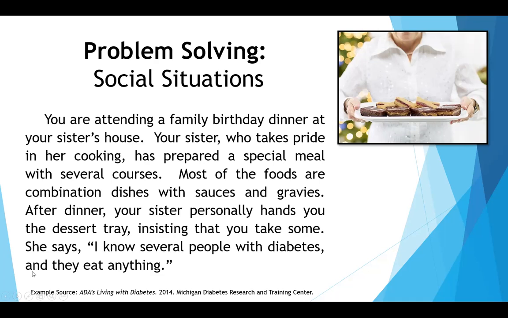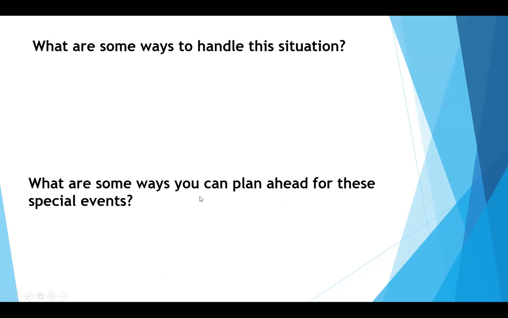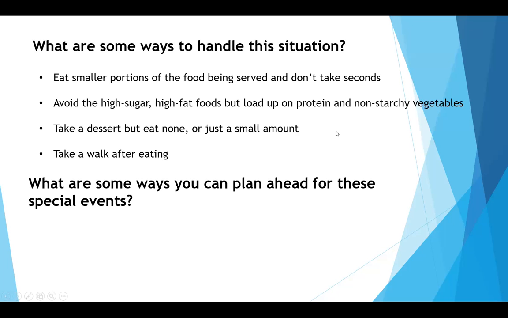All right. So, saying you're stuffed and taking a doggy bag home with you, that's a great idea. Some other things to consider here: not taking seconds, limiting maybe the more obvious high sugar, high fat foods, maybe taking that dessert. All right. So look, she did push the dessert tray right in front of me, so I will take one.